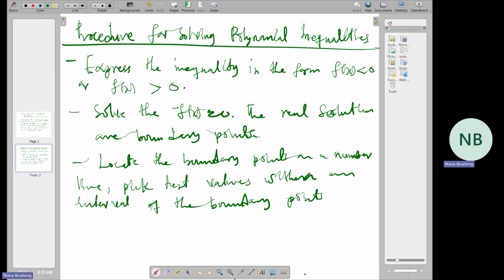So we pick test points within each interval determined by the boundary points. And after picking these test values, the next thing is we will evaluate f of x with the test values.